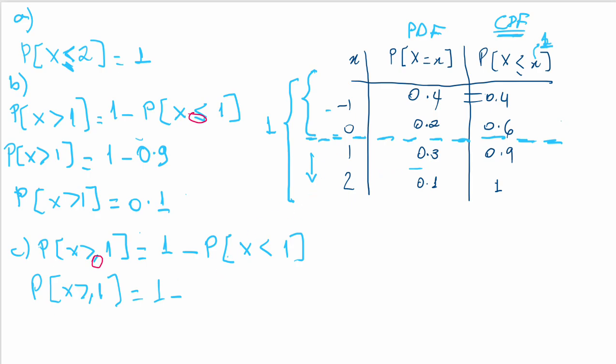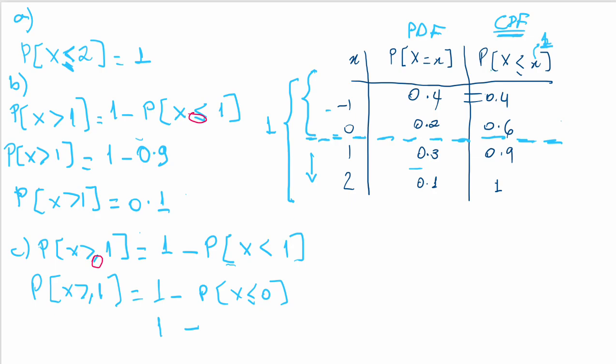Well, it's actually the probability of x being less or equal to 0. This guy here you have. Who wants to try? Yeah. 0.6, right?